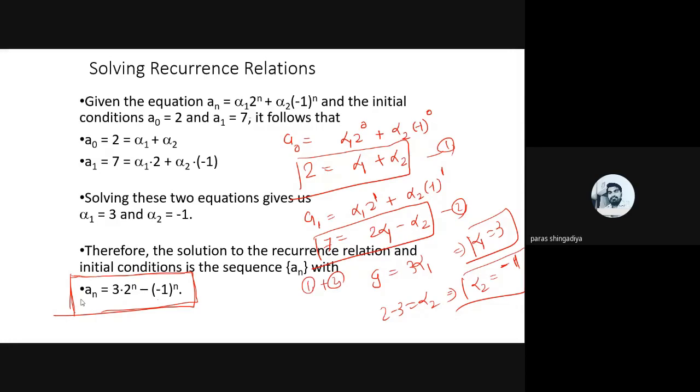Any query? Is it clear, the procedure to solve the recurrence relation? Nisitha, Raj, Rabindra, Amit. Okay.